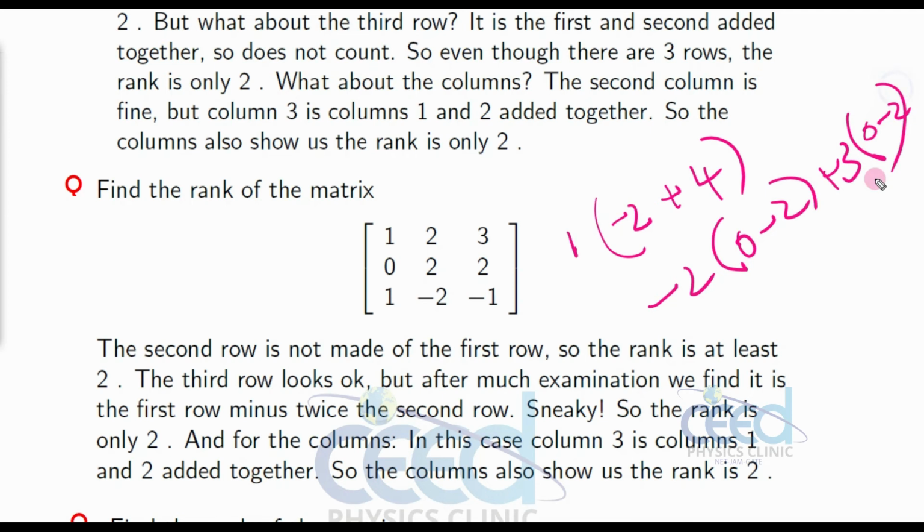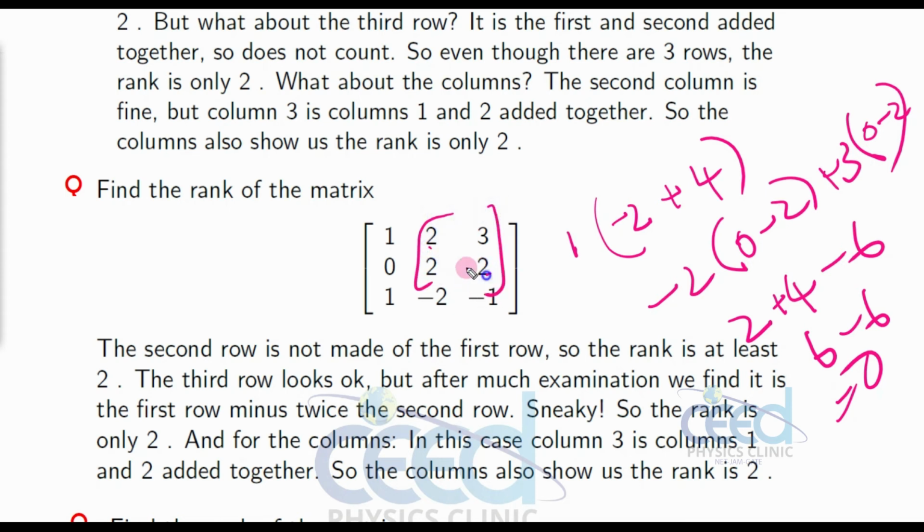So this is 2, here it is 4, and again minus 6, that is 6 minus 6, equal to 0. So I can check for a non-zero minor. 4 minus 6 is minus 2, so a non-zero minor of order 2 by 2 exists here, and I can say its rank is 2.